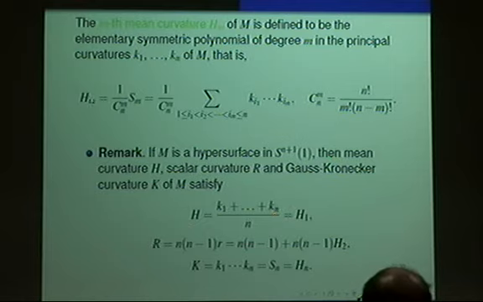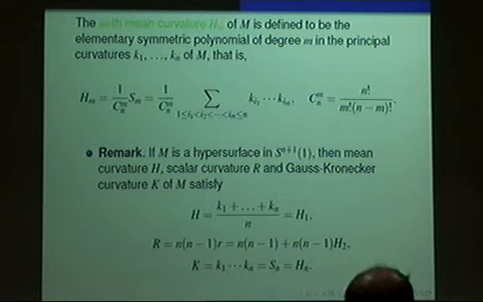If m is equal to 2, then by the Gauss equation, for a hypersurface in a unit sphere, the scalar curvature r is equal to this one. Of course, we can get other relationships between H_m and some other terms. Here we compute the Gauss-Kronecker curvature K, where capital K equals k_1 times through k_n, the product of the principal curvatures.